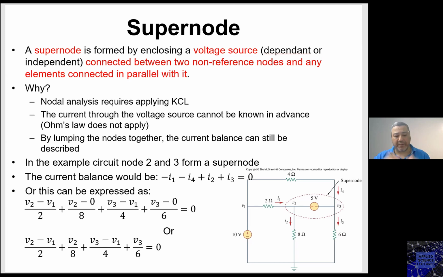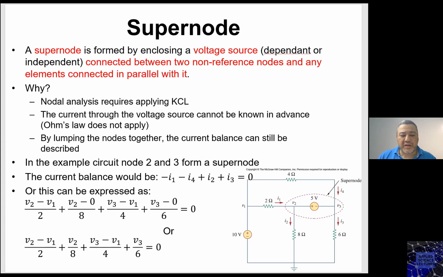So to give you an example, let's assume V2 is 6, then V3 should be 1, because the voltage source basically says that V2 should be greater than V3 by 5 volts.